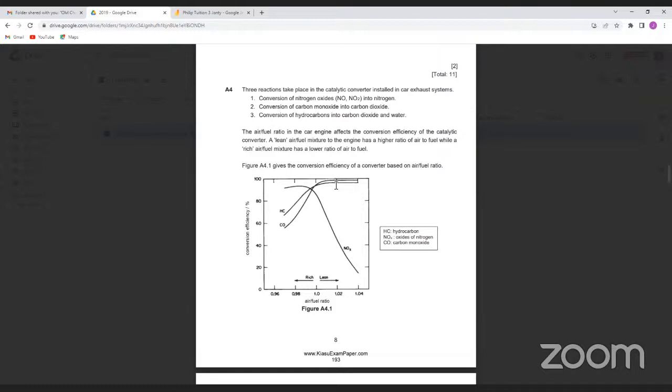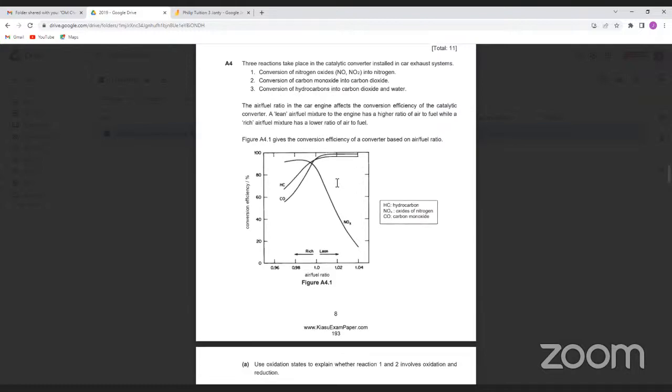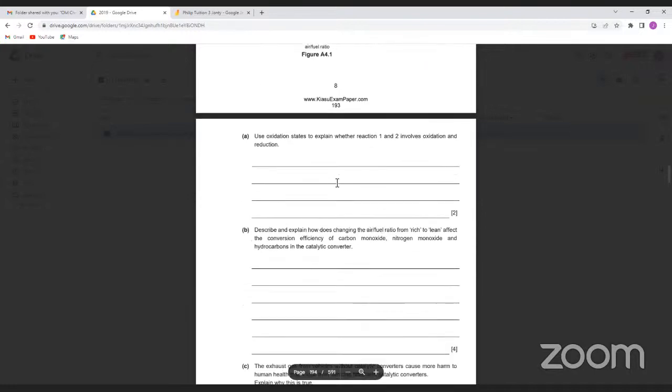Okay. But this is good knowledge for you. So as the air to fuel ratio gets leaner, there is more nitrogen compared to carbon, so more nitrogen oxide is produced compared to carbon monoxide.